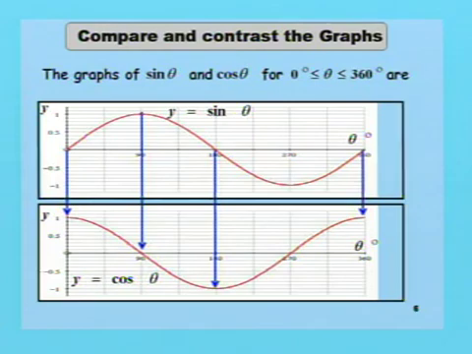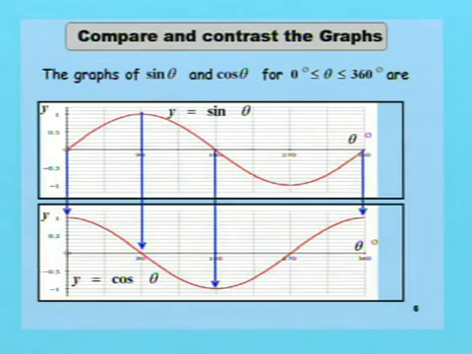And there are some important results you need to note. In case of sine graph, the starting point is at 0, whereas with the cosine graph, the starting point is 1.